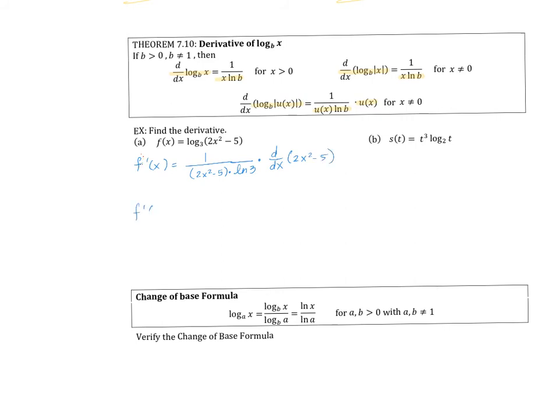Or in other words, the derivative is equal to 4x over 2x squared minus 5 times natural log of 3. Okay, so let's do another example here.